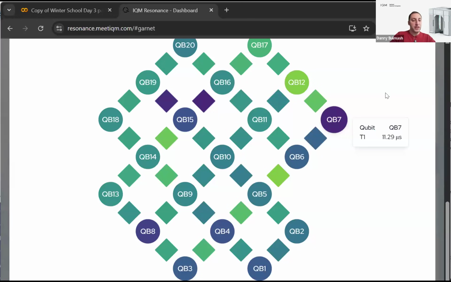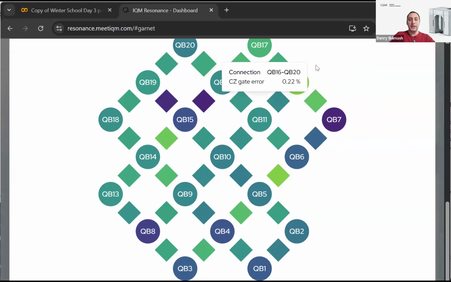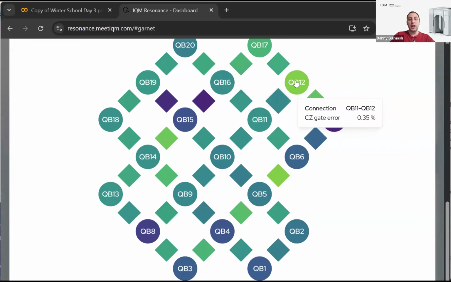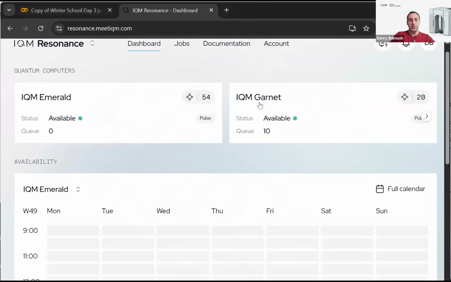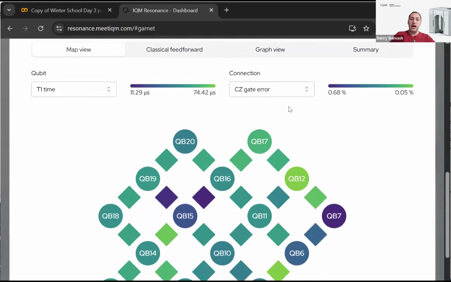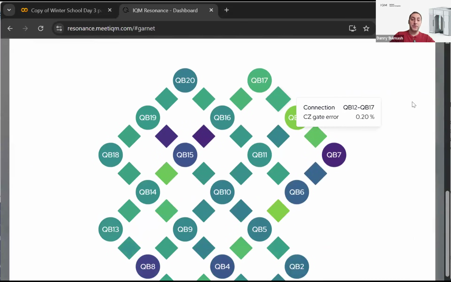Good. I'm seeing a lot of good answers here. So 11, 12, and 17, or 12, 17, and 16, those are all excellent choices, because these all have pretty high T1s, and the couplers between them are also pretty good. These couplers are also green. It's important for the couplers to also be good. We don't want too much noise when the qubits are talking to each other.